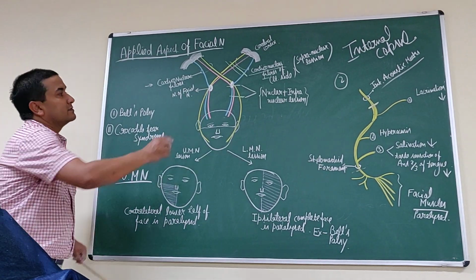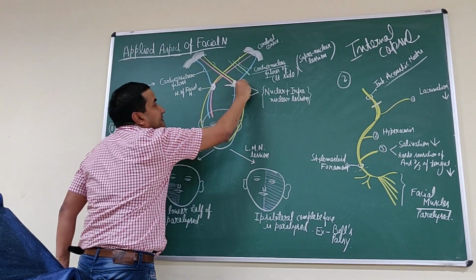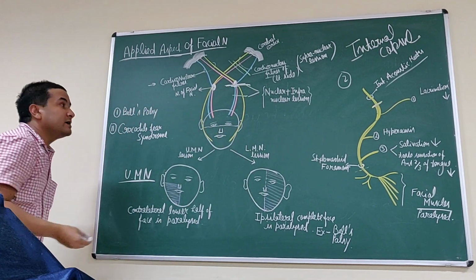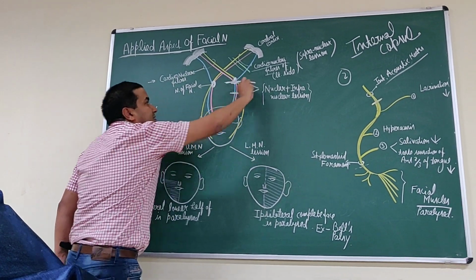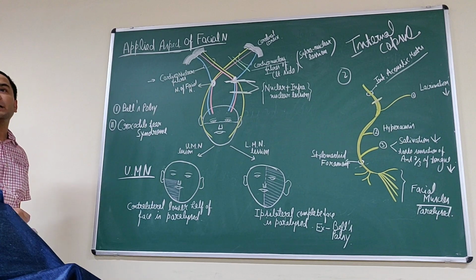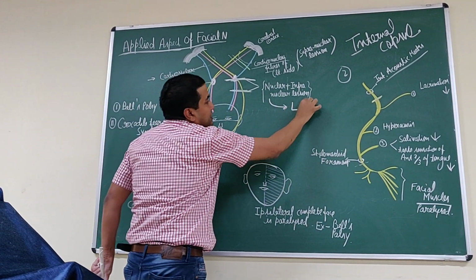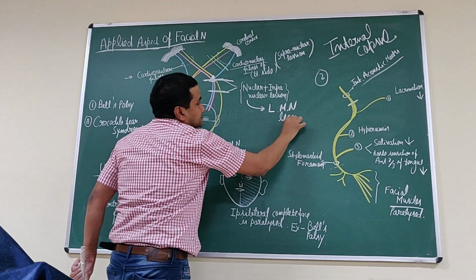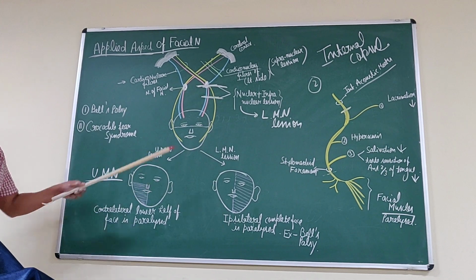Now, if the nucleus of the facial nerve is damaged, or these infranuclear fibers are cut, this type of injury is known as the lower motor neuron lesion. And what will be the effect of this lesion?